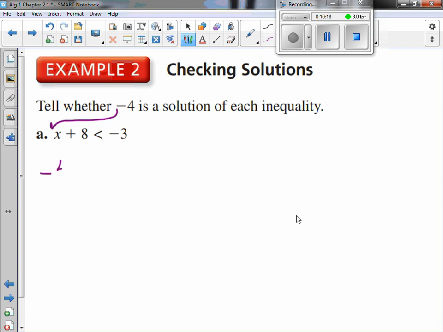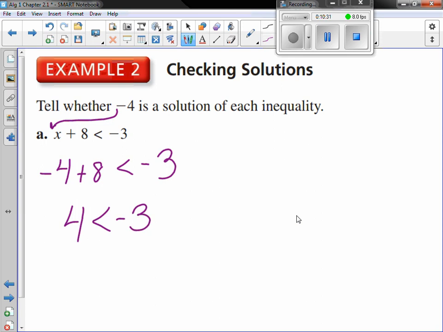And when I plug it in, I'll get negative 4 plus 8 is less than negative 3. What is negative 4 plus 8? Is 4 less than negative 3? So is negative 4 a solution for this one here?